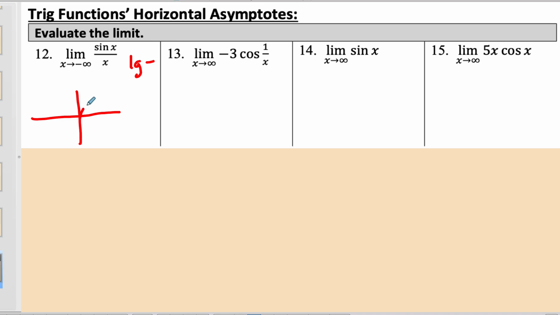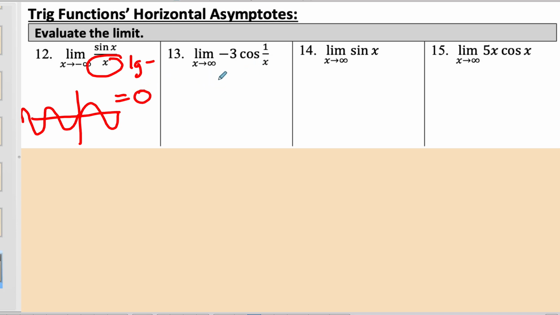Sine looks like this, but when we're going over to infinity, it just goes back and forth, up and down. And so the biggest it'll be is 1, the smallest it'll be is -1. What's happening is this is really dominating. It's becoming very big. So it doesn't matter whether it's positive or negative, because that domination of a big number will make the whole fraction go to 0.